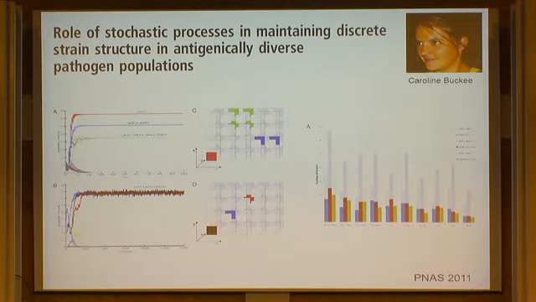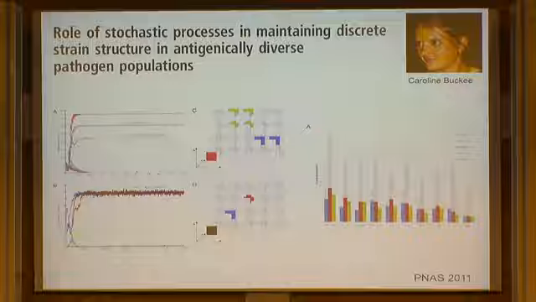And this, I think I'll just skip over. This is also just to say that we've verified this using stochastic methods, and one of the things those stochastic models also show is that, to achieve this kind of non-overlap, sometimes you will lose alleles. The population will actually lose some of its potential diversity. And this is work done by Caroline Buckey, which shows exactly that.